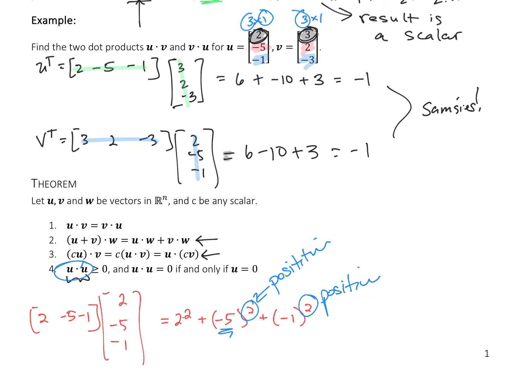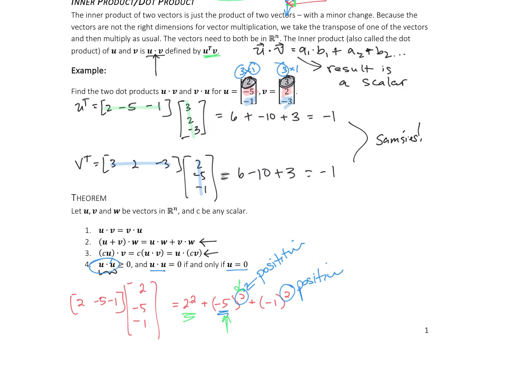The only time it's going to equal 0 is if our u equals the 0 vector, because I'm squaring it, and by the nature of squaring a negative number, we're always going to come up with a positive. So those are some of our theorems about the dot product.